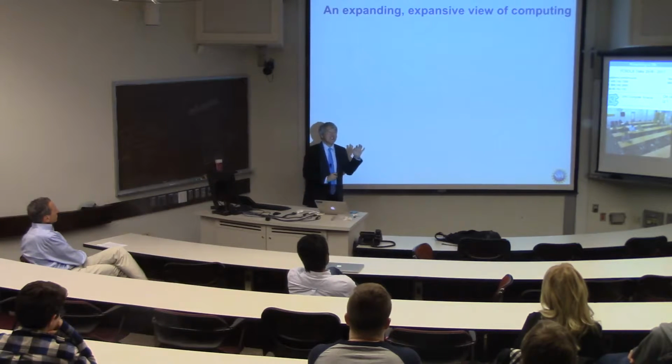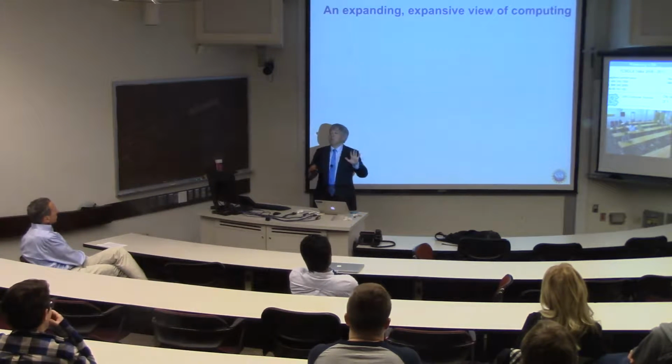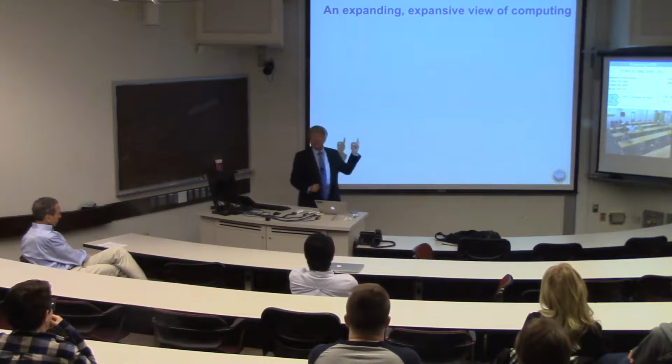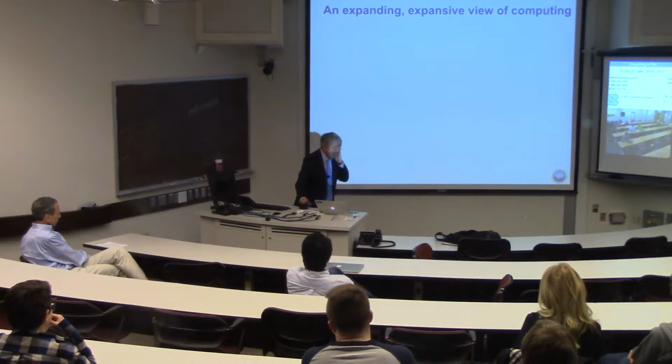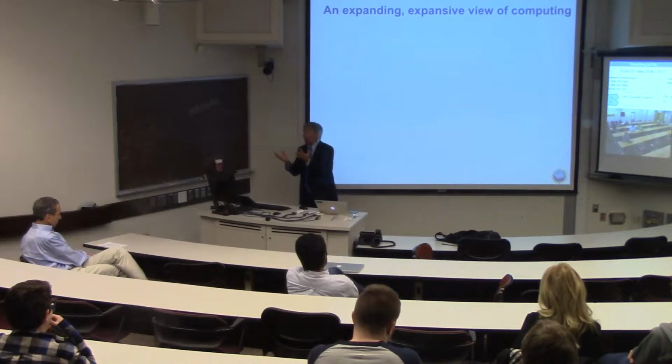So I want to, there's a story behind this slide, but before I go on, this is going to be a one-slide overview of all of computer science. I'll tell you the story first behind this. So when I got to NSF, we go on a retreat every year.